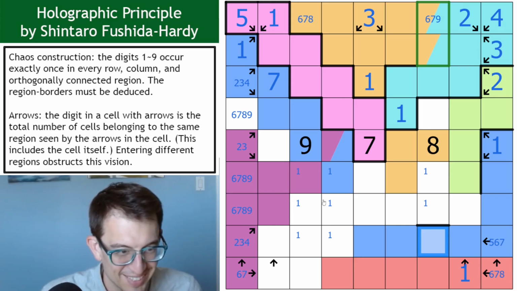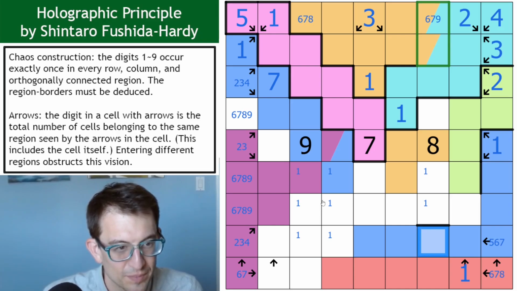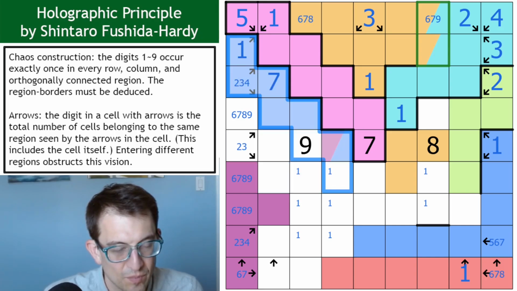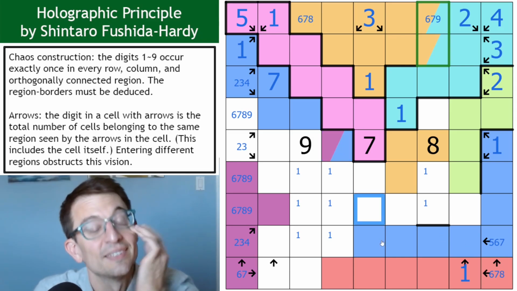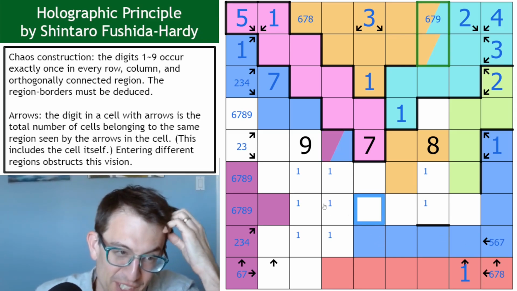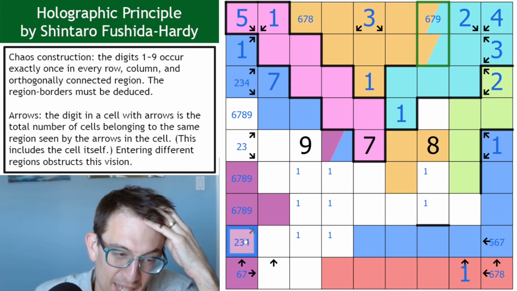But actually, I think this is okay. I think this is a possible 3, 2. But what I'm seeing there, I mean, this is probably too much look ahead, but what I'm seeing is that this can't be 2.